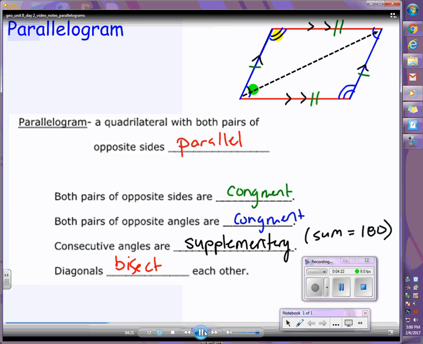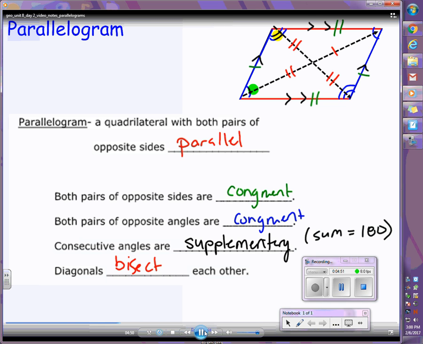So there's one diagonal, and there's the other diagonal. So again, they're going to cut each other into two equal parts. So that part is congruent with this part. And that part is congruent with the part on the other side.